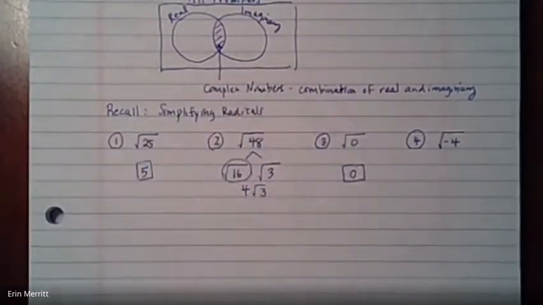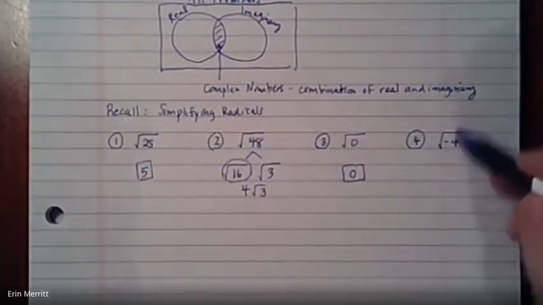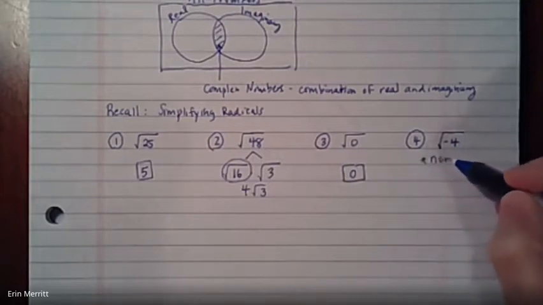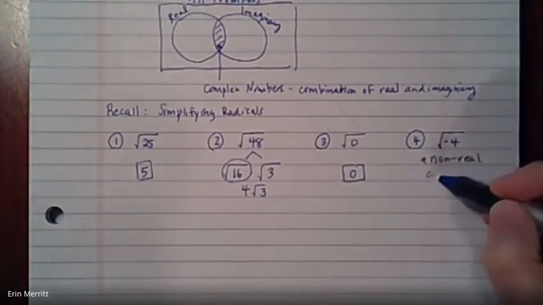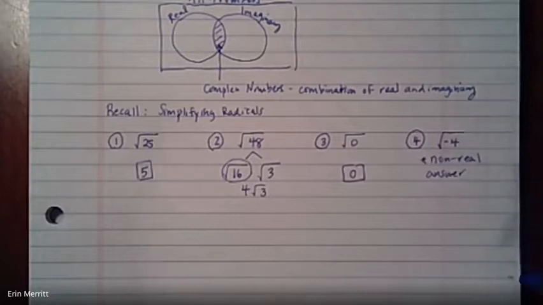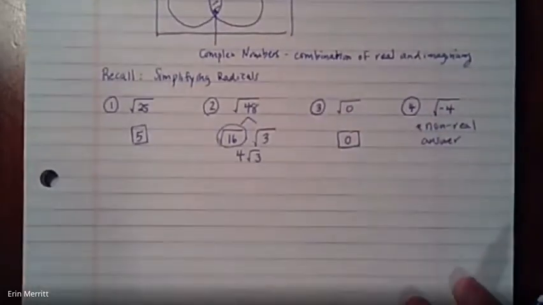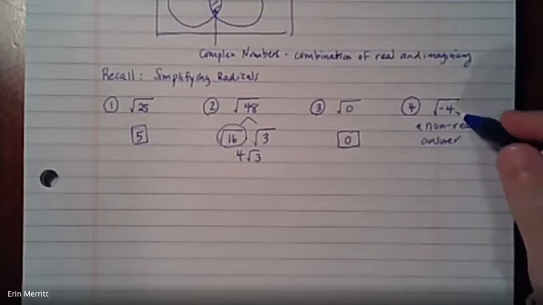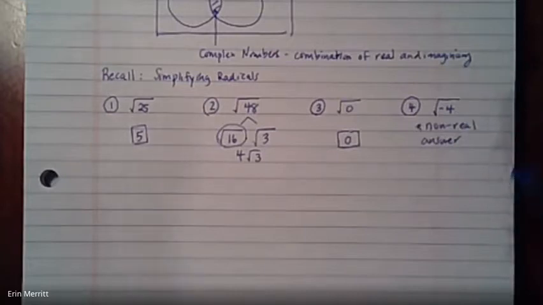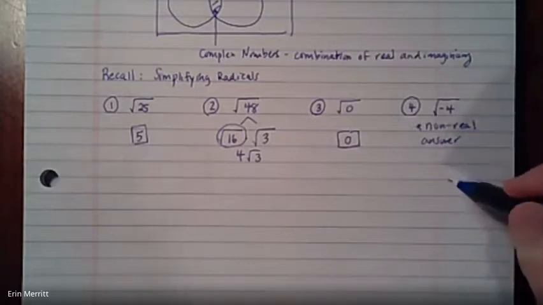You're going to end up with something that we identify as imaginary, but let's first write down it is a non-real answer, because we can't imagine a number that when you multiply it times itself comes out as negative, all right? The non-real answer is because you can't have a negative underneath the radical. That's the issue.